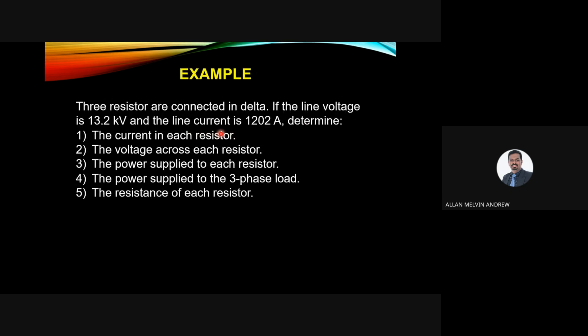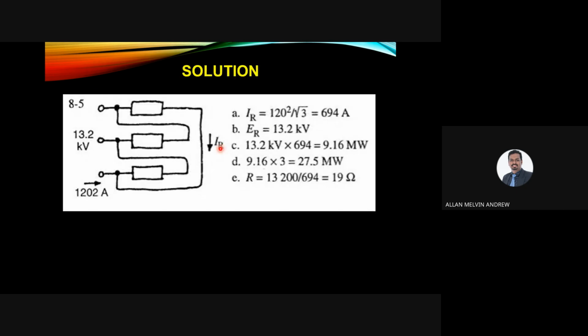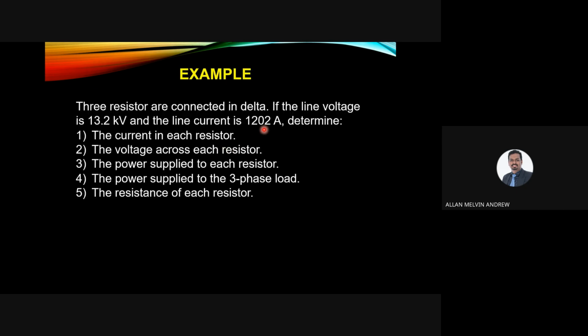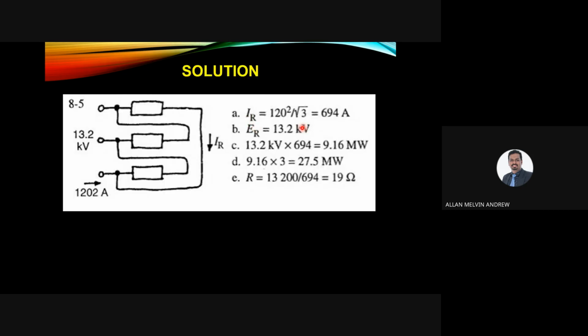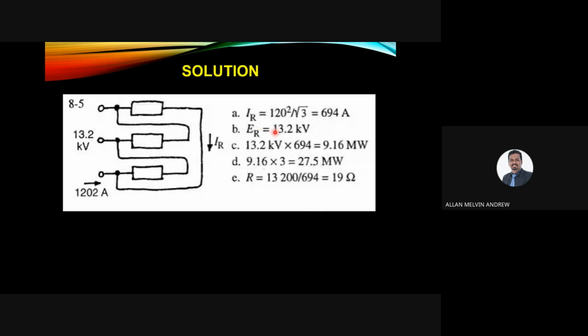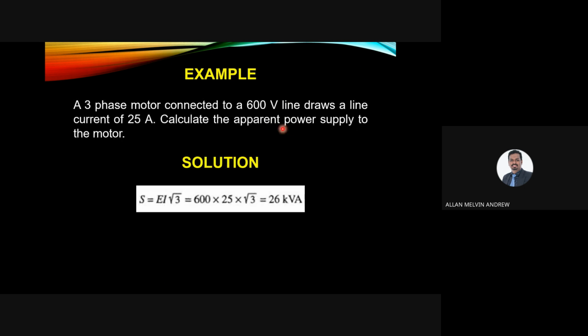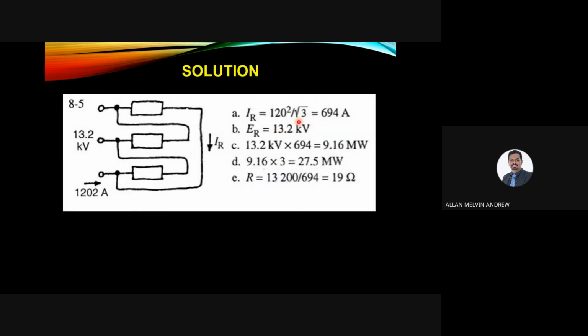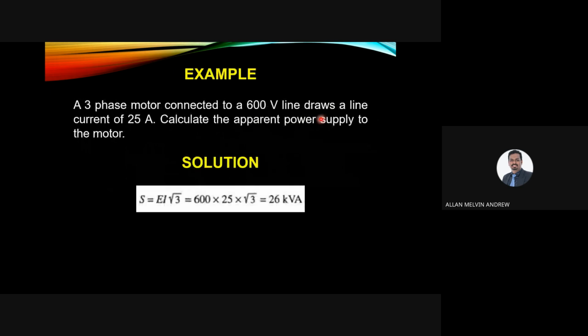So line voltage is supposed to be under 20. So under 20 square over square root of 3. So we get 694.